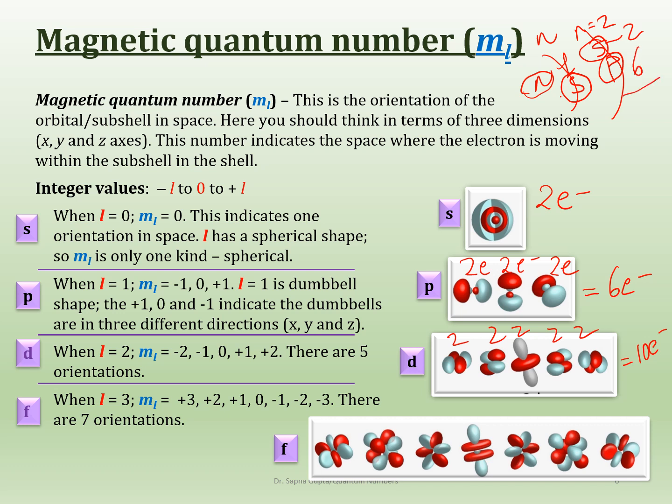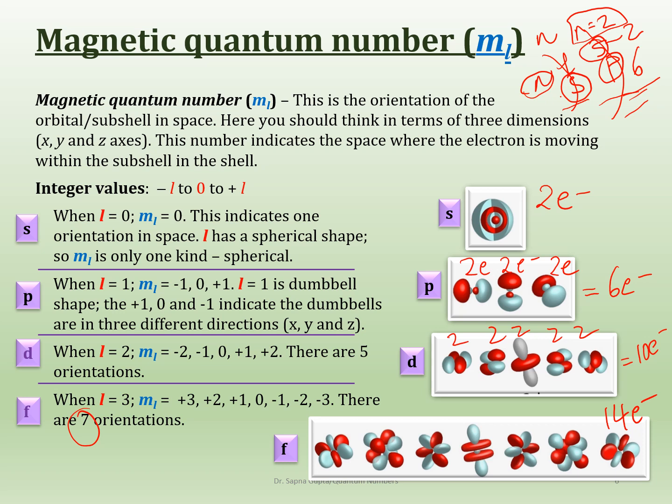Which means shell number 2 can have up to 8 electrons. Hopefully you see what we mean by this now. Then when you get to F, which has 7 orientations, that can have up to 14 electrons. So we are learning how these electrons are actually housed within each of these orbitals.